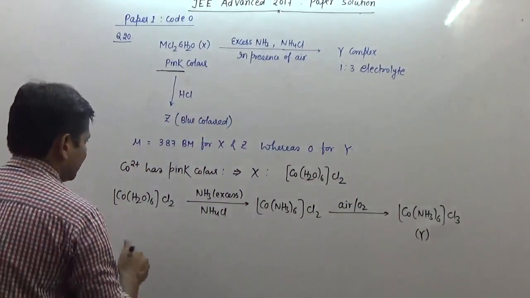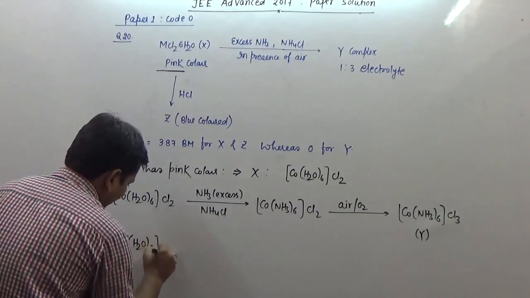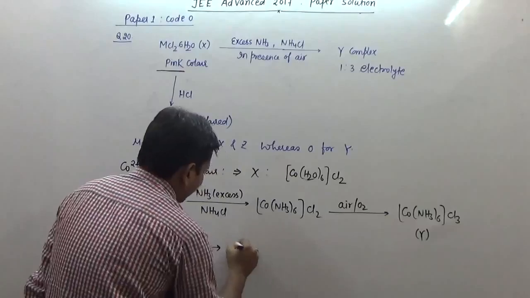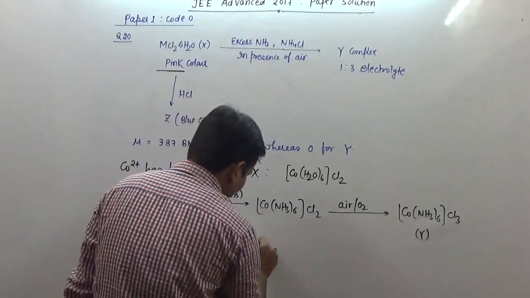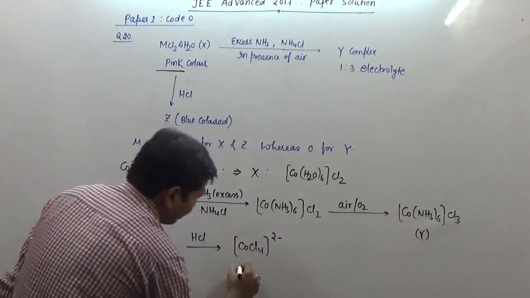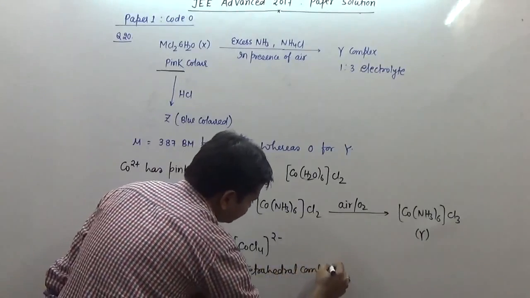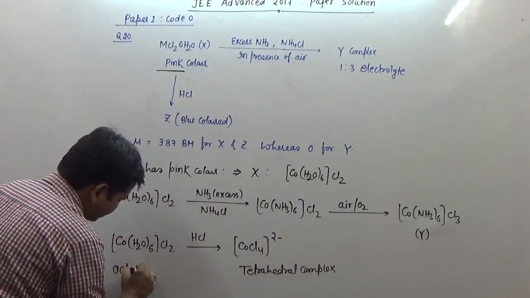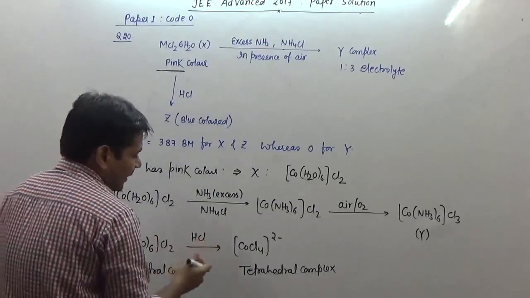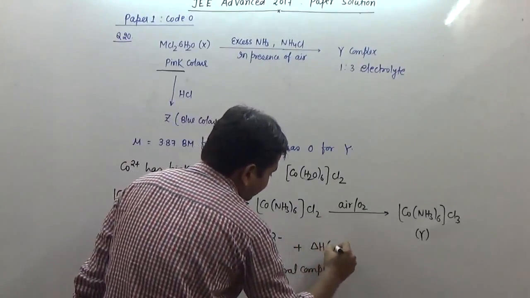Now the other part is when we pass HCl on X, another complex forms, a blue colored complex, [CoCl4]2-. Basically it is a tetrahedral complex, while the other is an octahedral complex, and that's why it is less stable, while the octahedral is more stable, and hence it is an endothermic process.